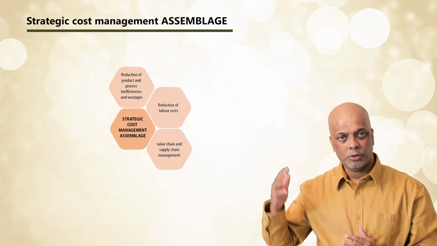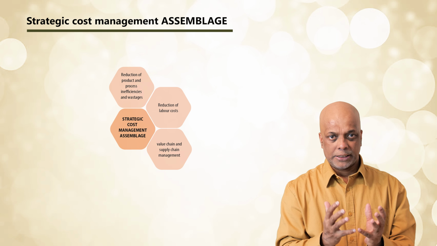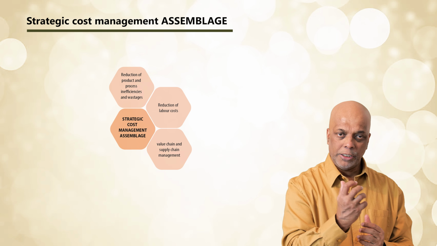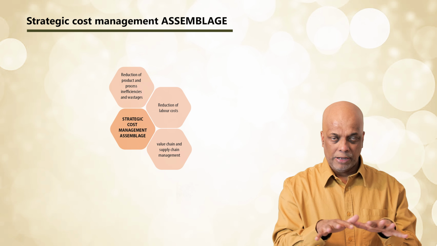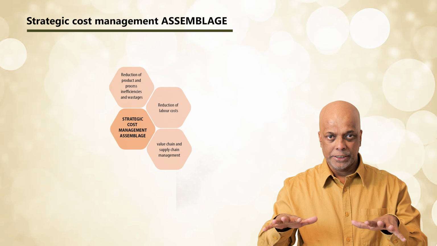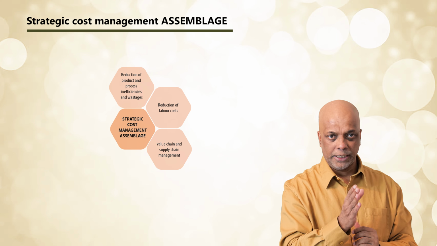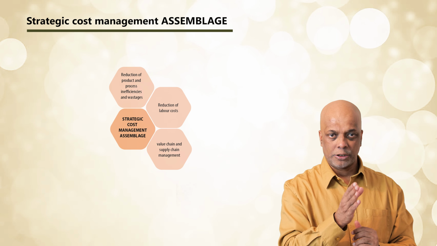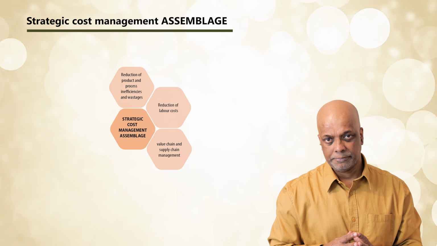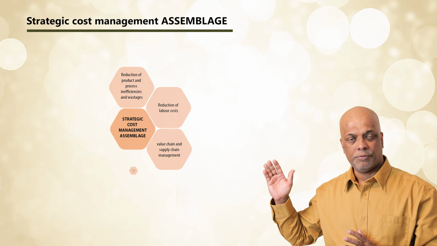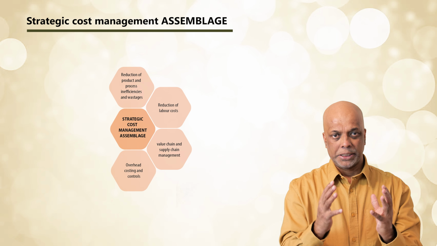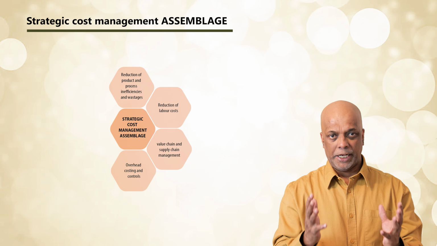So we will talk about various techniques, processes, and concepts that would be useful in managing the value chain and the supply chain, and accordingly reducing the cost associated with various activities of the value chain and supply chain. And fourthly, overhead management and costing.